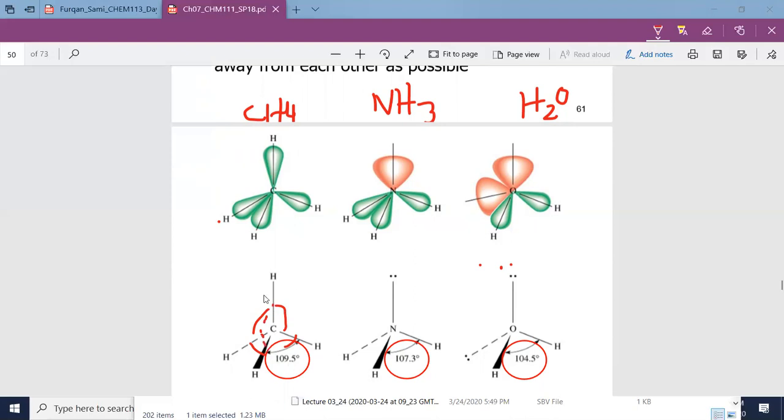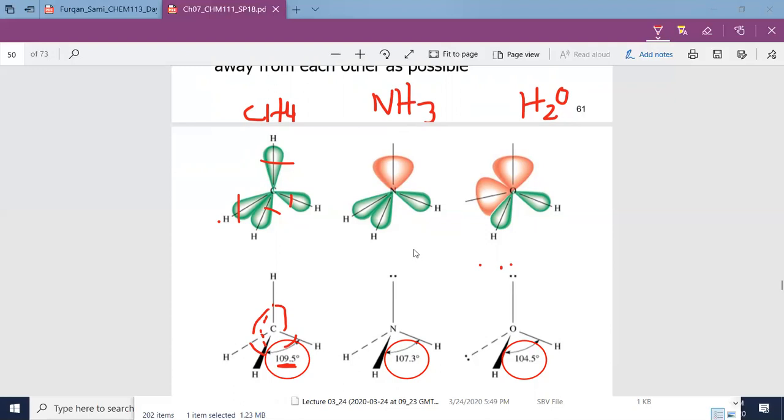All angles are of similar distance because these are all similar bonds, CH, CH, CH, CH. They all have the equal tendency to push each other, and that's how they all go to a particular specific distance from each other, and that is the 109.5 degree angle that results because of their distance from each other. Okay, then we are talking about ammonia.